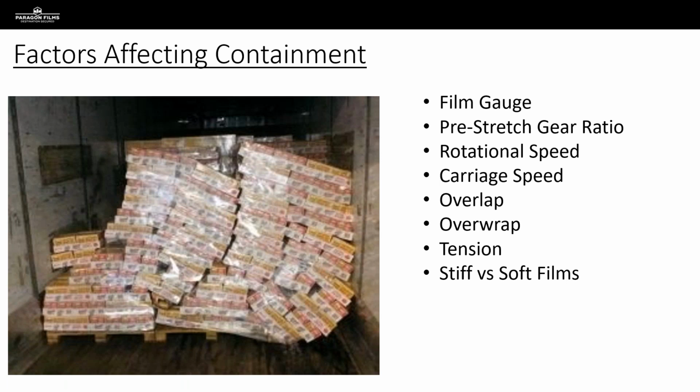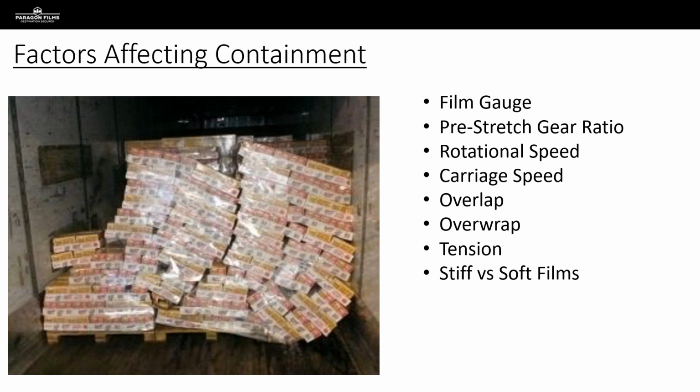Pre-stretch gear ratios that we talked about in part 1 inside the film carriage also have an effect on containment levels. You have the rotational and carriage speeds that affect containment for the pallets, which also impact overlap and overwrap. You also have tension that has a great impact on containment.